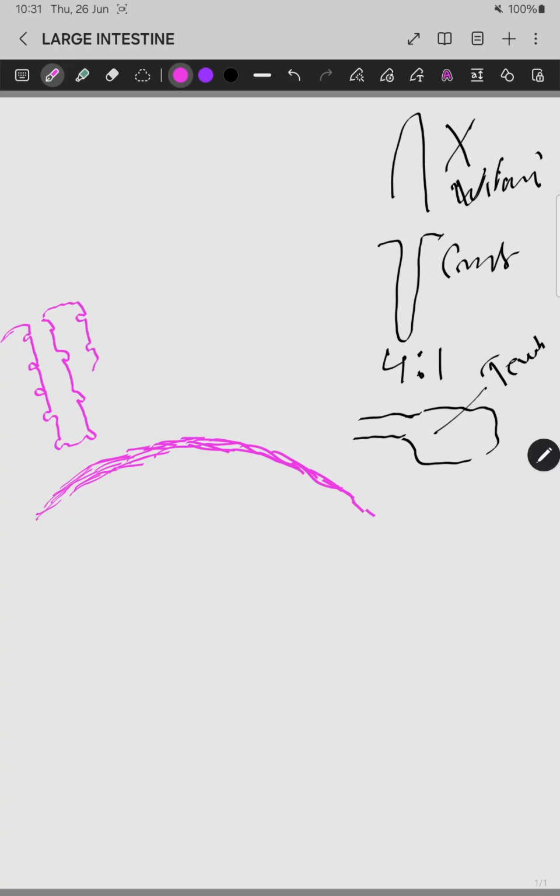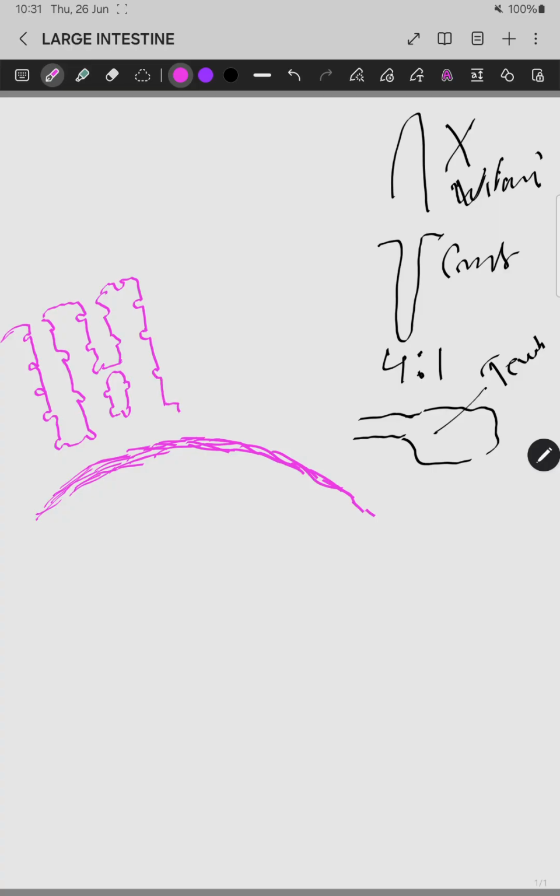So one crypt, I can break this crypt here, and it is running upwards like this. And here I can draw a cross section of the crypt. You can see the apical part is flat, not rounded like the villi. That is the important thing you have to notice here.